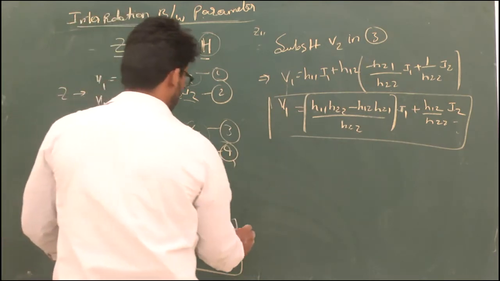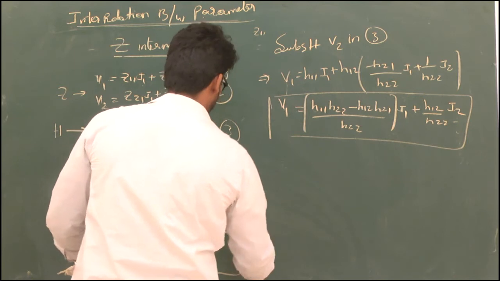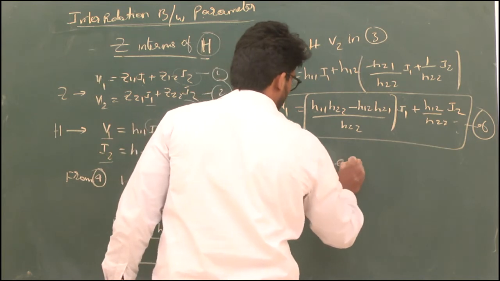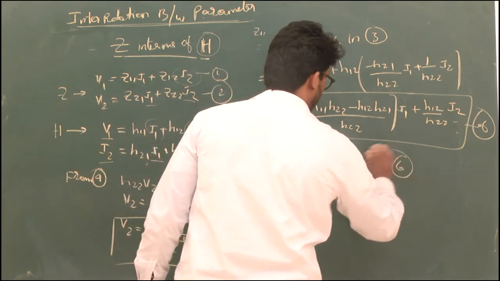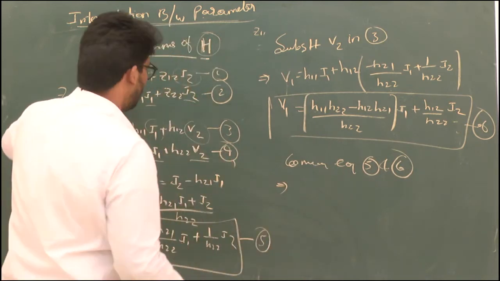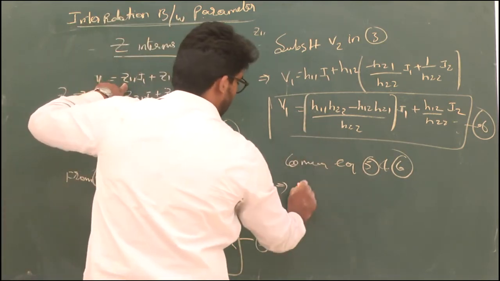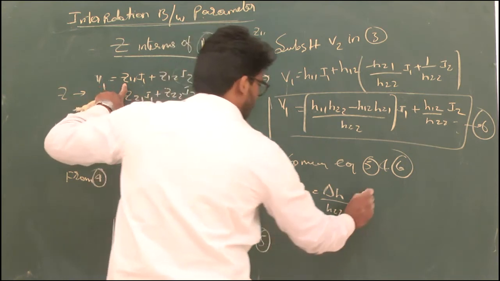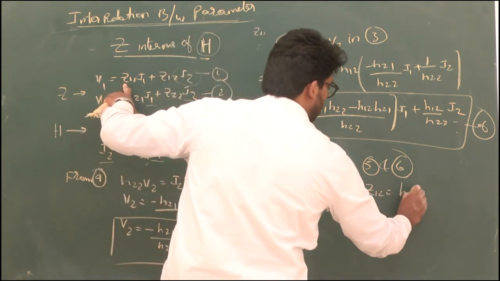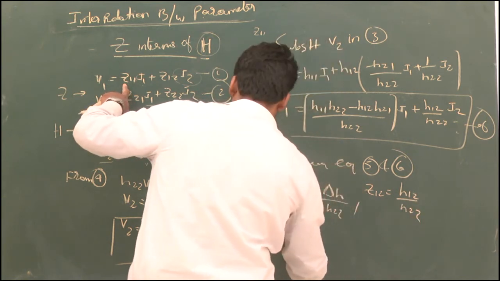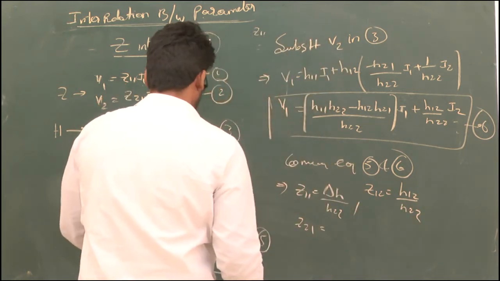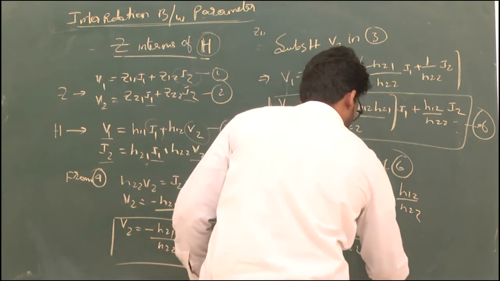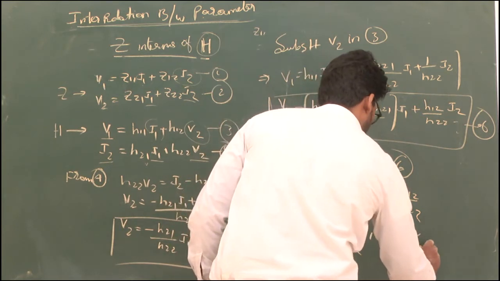Comparing equations 5 and 6, we get Z11 equal to det H by H22, Z12 equal to H12 by H22, Z21 equal to minus H21 by H22, and Z22 equal to 1 by H22.